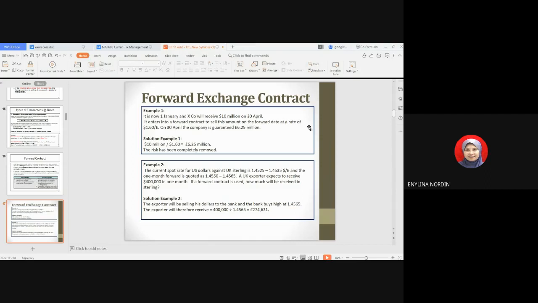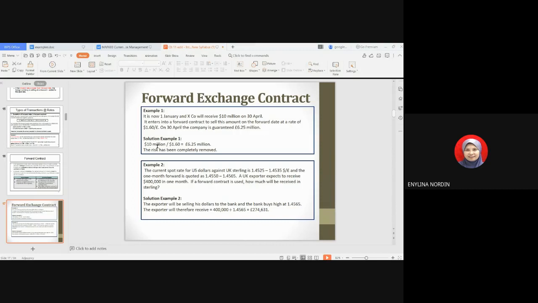In the forward contract, the company and the bank have agreed to set the forward rate at $1.6 per pound, and on 30th April the company is guaranteed to receive 6.25 million.